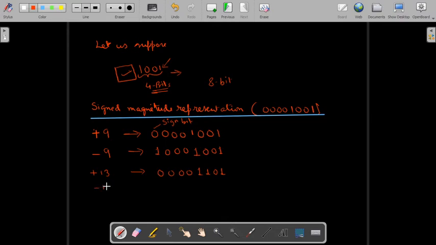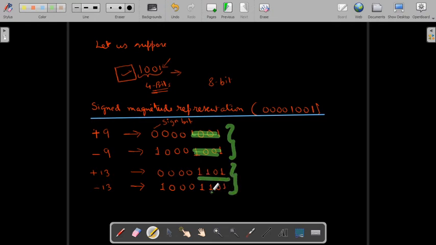In case of minus 13, in signed magnitude representation, it will be represented like 10001101. See here, the sign magnitude representation has the same magnitude in both the representations.